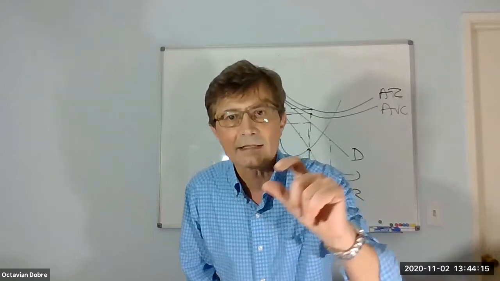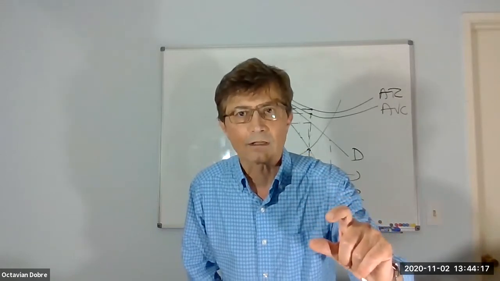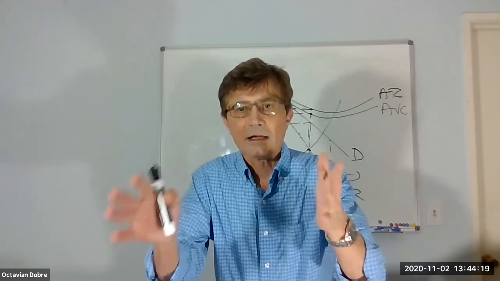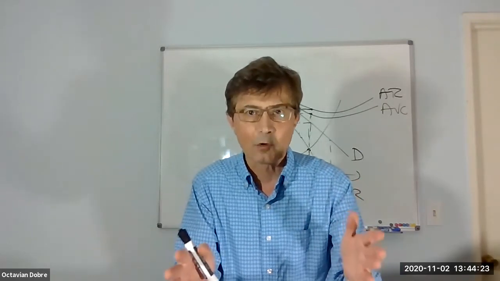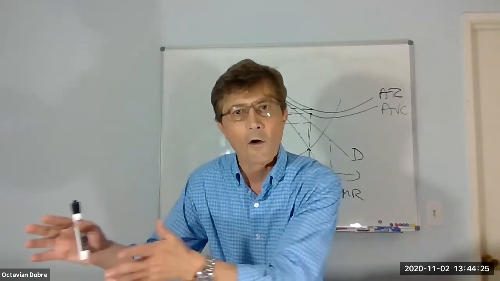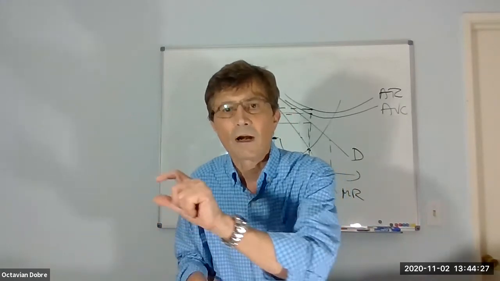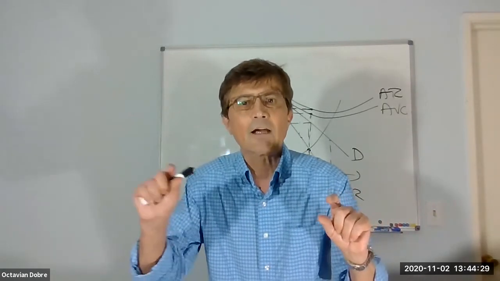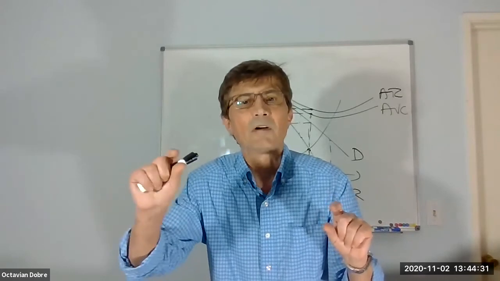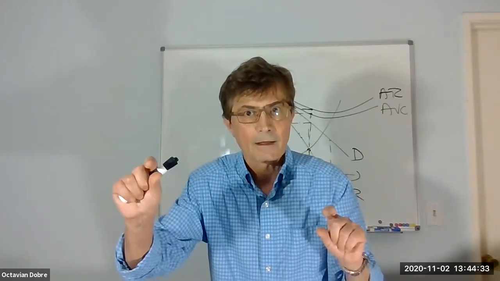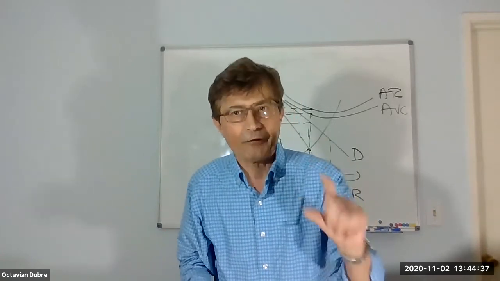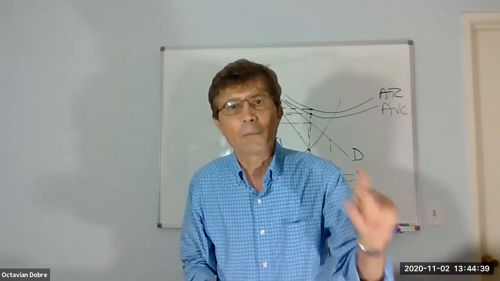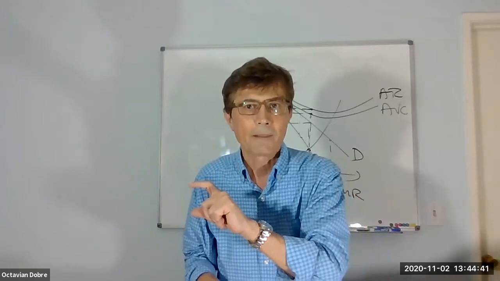Because if the price is higher than the average variable cost, that means that your revenue is higher than the variable cost. So you can pay all your variable costs, and whatever is left over can go towards paying some of the fixed cost. If you were to shut down, you would have to pay the whole fixed cost, the lease, out of your own pocket.